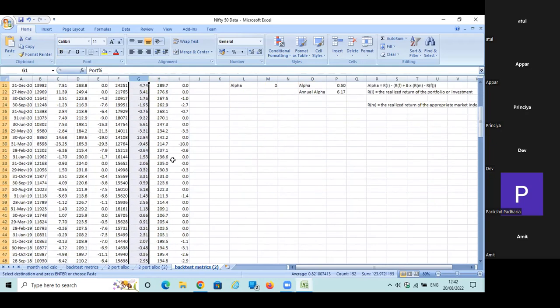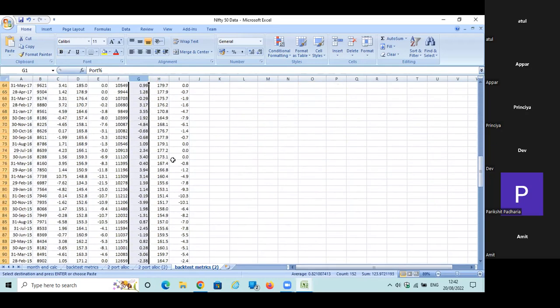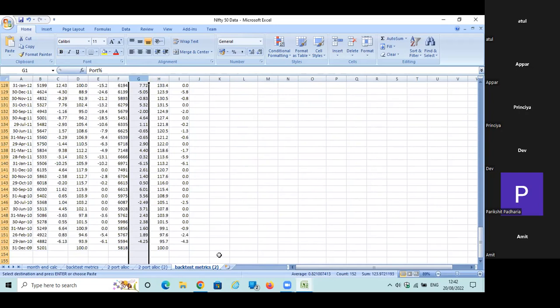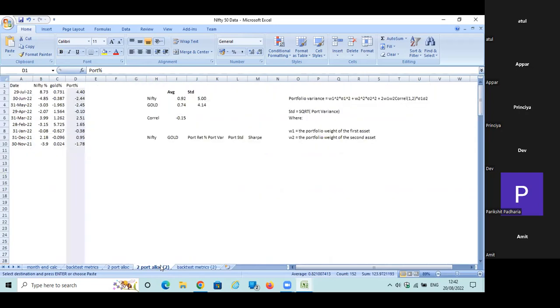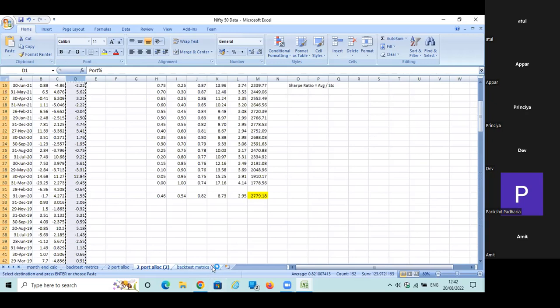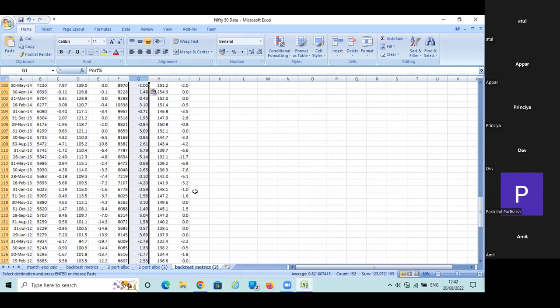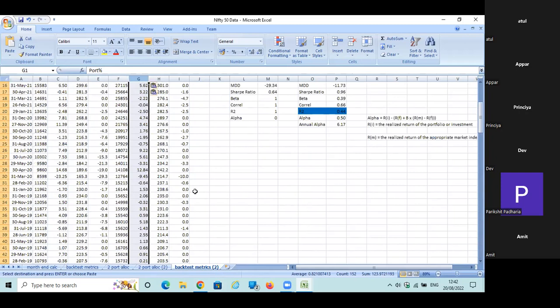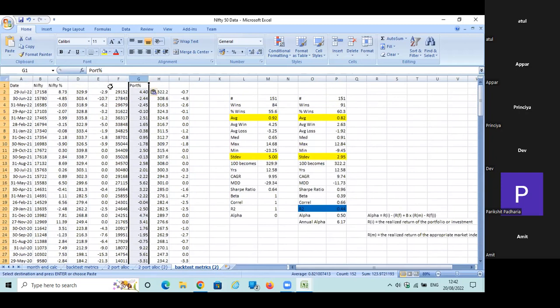Is it correct? Minus 4.25 is the end. Yeah, correct. Now come to your backtesting matrix. So instead of IT, it's portfolio, right? Let that be. Actually, that has no value. I mean, that is not operated. You can delete, but keep it.